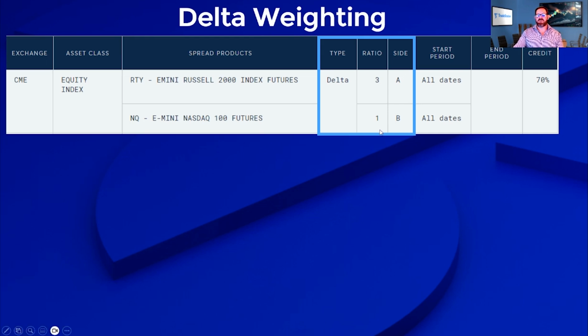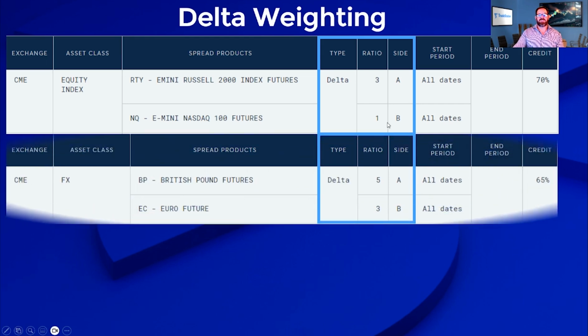Additionally, some of these may not be one. If we look at others, such as British pound versus euro, that is a ratio of 5 to 3. So if you're buying British pounds, that's the A side, you buy 5 contracts, you would sell 3 euros. If you were selling the pound, you would buy the euro. 5 to 3 would be the ratio, no matter what it is you're trading.